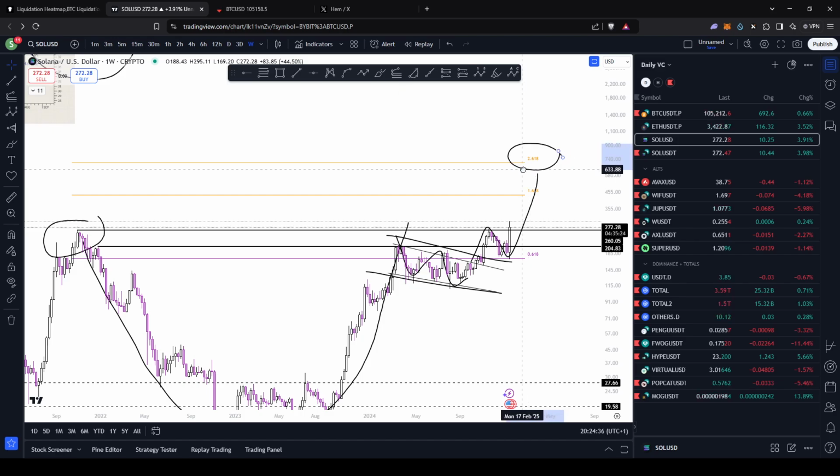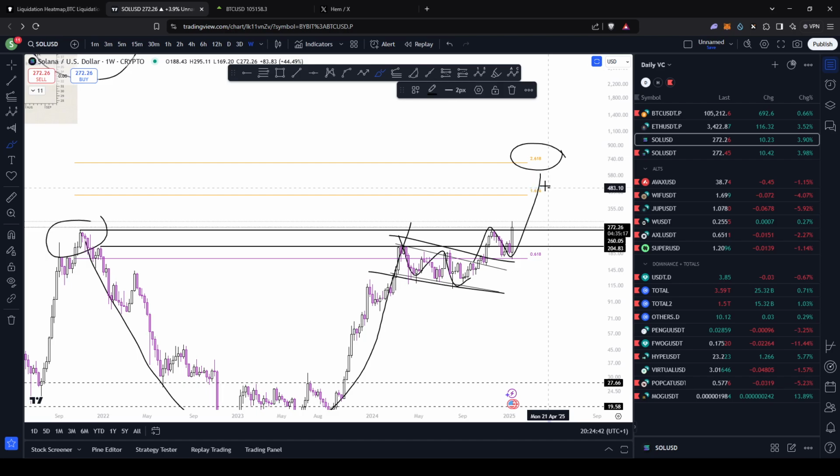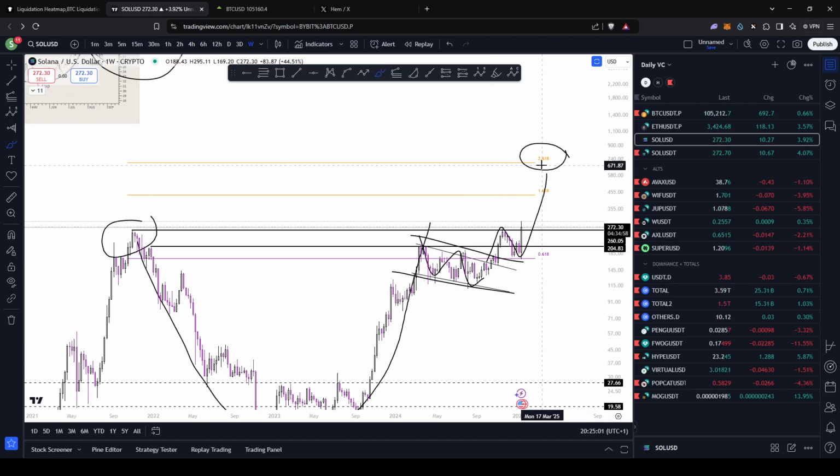This to me is a target that's very possible. I will scale out before that because I do have my 1618, which I will target initially at 435, which I would be considering my conservative target, considering we are almost at 300 already. So 430 is my initial target for Solana macro, and then I have targets up at 690.